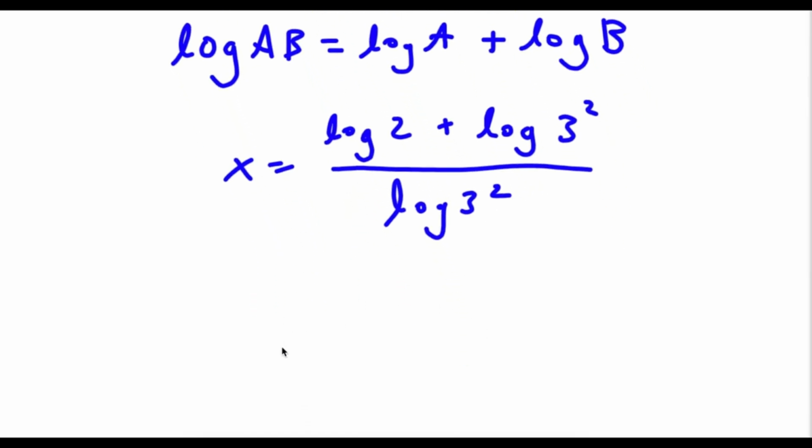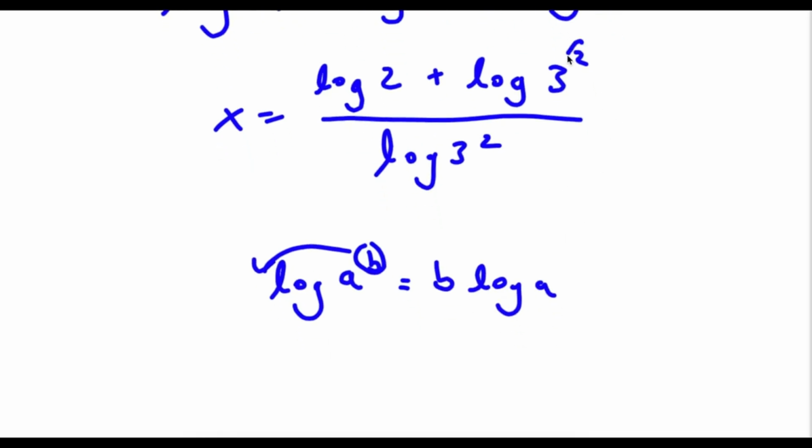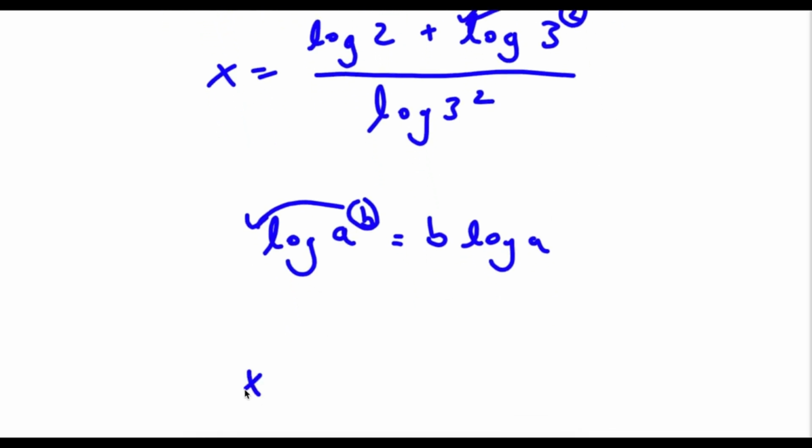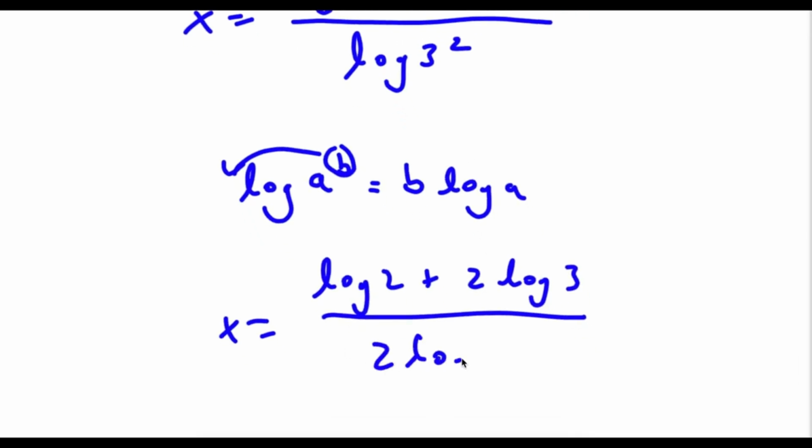Now remember how I said if I have something in the form log a to the power of b, I can move this exponent b to the front, and this would equal b times log a. So I'm going to do this with log 3 squared. I can move this to the front, so this would equal log 2 plus 2 log 3. And I'm going to do the same thing with the denominator, so I have over 2 log 3.